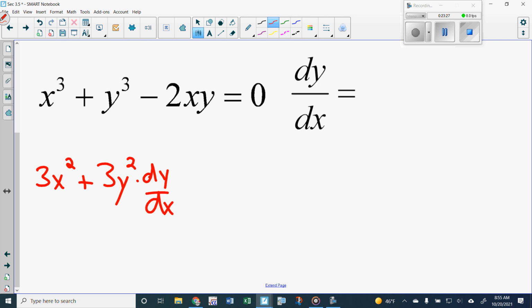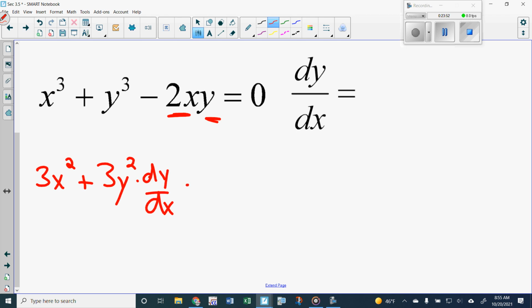Derivative of negative 2xy. This is technically the product of x and y, so you have to use product rule. This is going to be my first. This is going to be the second. So derivative of the first.